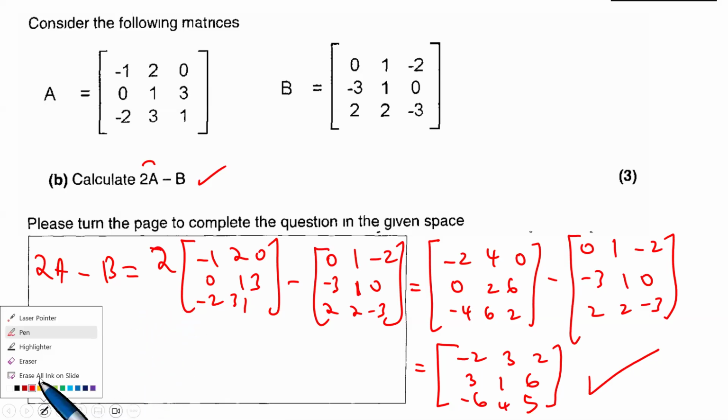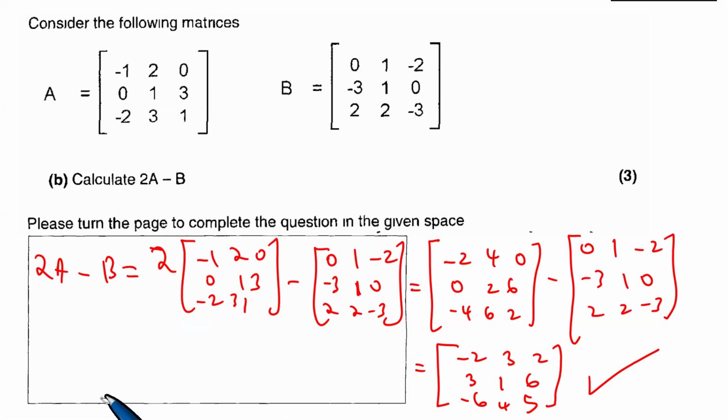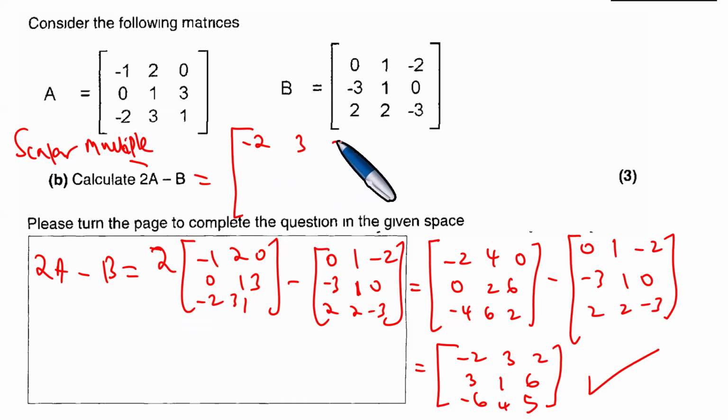In other words, we're effectively saying the scalar multiple of the matrix A, minus B, so this would be 2A minus B as matrices.